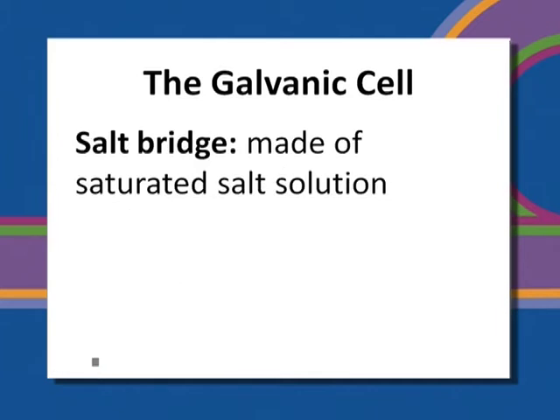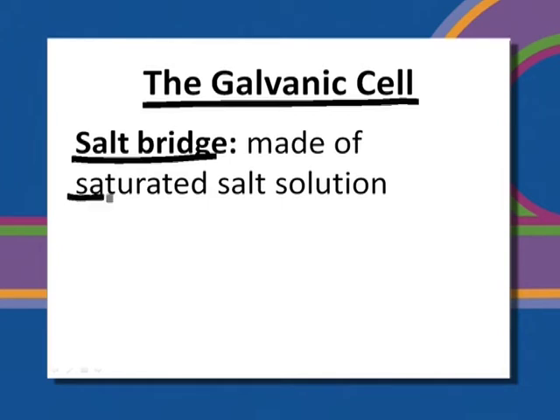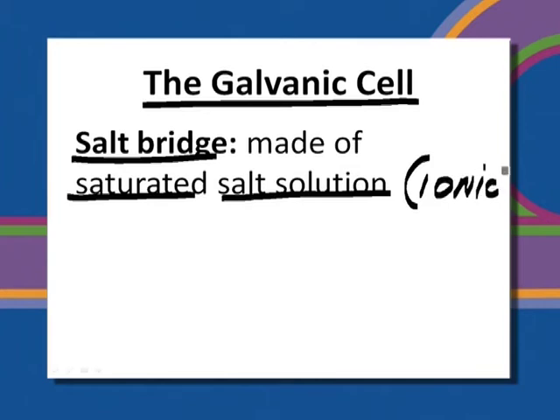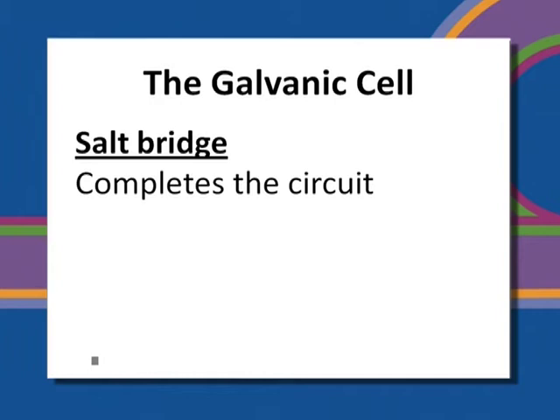Okay? In the galvanic cell, we also have something called the salt bridge. This is made up of a saturated salt solution. Salt solution because it has to be ionic. Okay, it has to contain ions because ions are free to move and they can conduct electricity. Okay, one of the functions of the salt bridge is to complete the circuit.